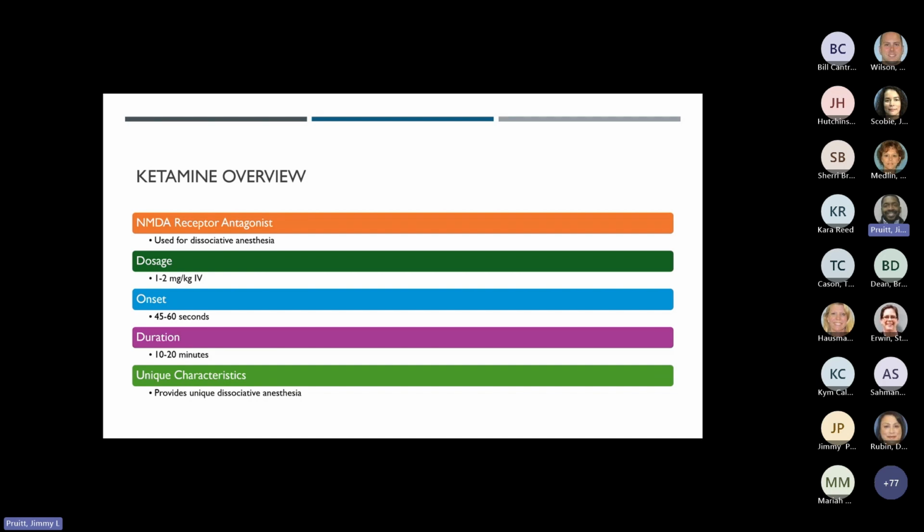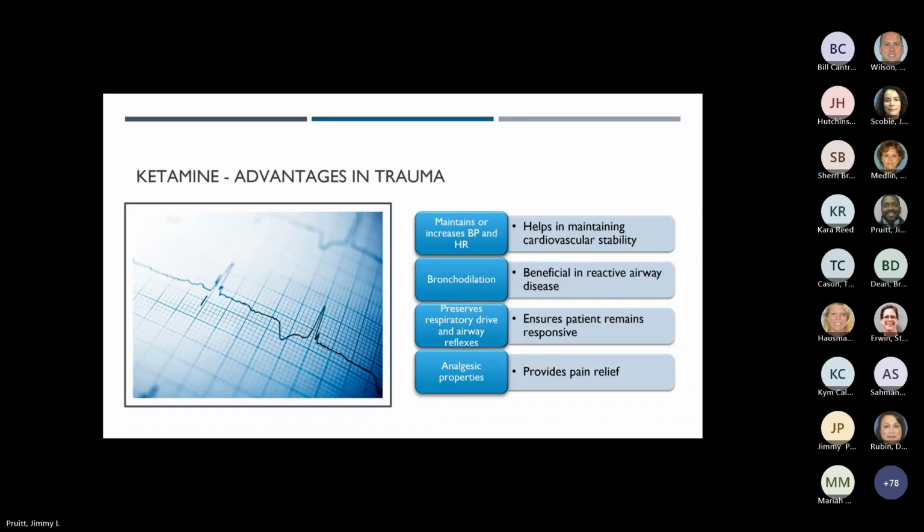If you have a patient who is combative and fighting you, and you don't even have time to get your equipment set up, this is a unique agent where we can give a portion or the total amount of ketamine to get that patient into a dissociative state, still breathing, still doing the things we traditionally need them to do to prepare them for paralysis, and then ultimately placing that tube.